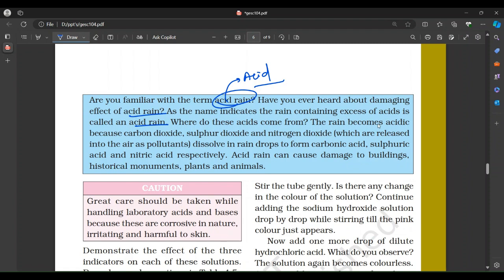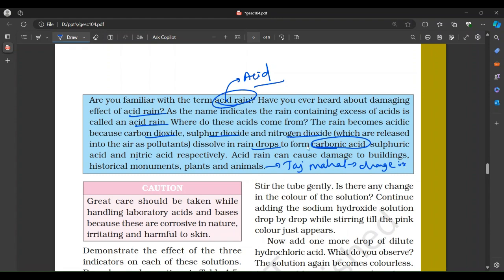The rain becomes acidic because carbon dioxide, sulfur dioxide, and nitrogen dioxide, which are released into the air as pollutants from vehicles and factories, dissolve in raindrops to form carbonic acid, sulfuric acid, and nitric acid, respectively. Acid rain causes damage to buildings, historic monuments, plants, and animals. We know the Taj Mahal monument has a change in color, right?